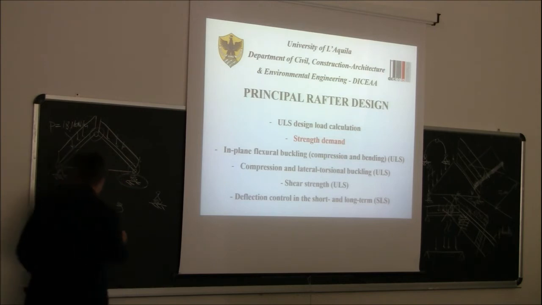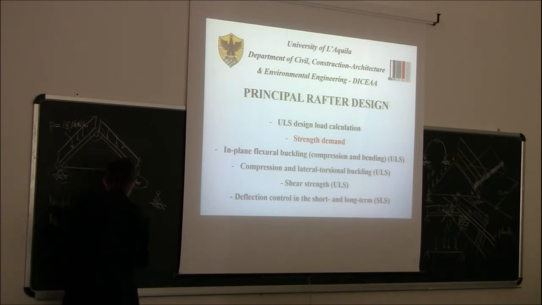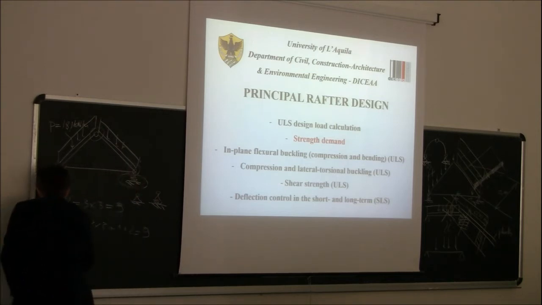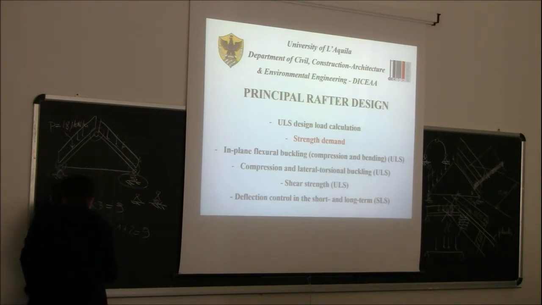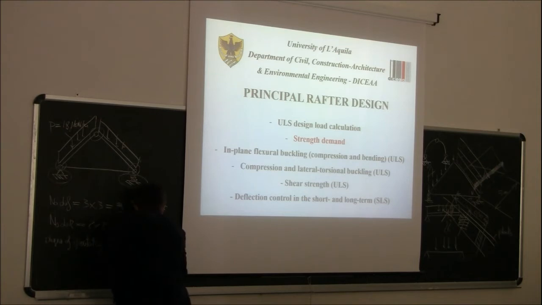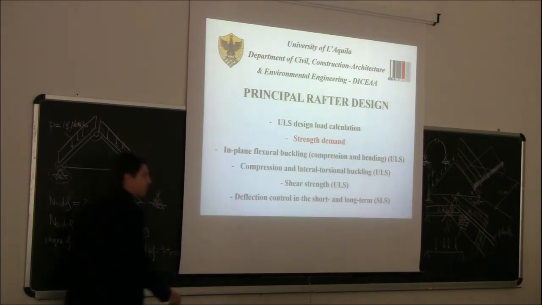Okay? Sorry, plus 1. And this one? 2. So 9. Now the degree of hyperstaticity, a big awkward word, but let's say this way, is number of degrees of restraint minus number of degrees of freedom. 9 minus 9 equals 0.